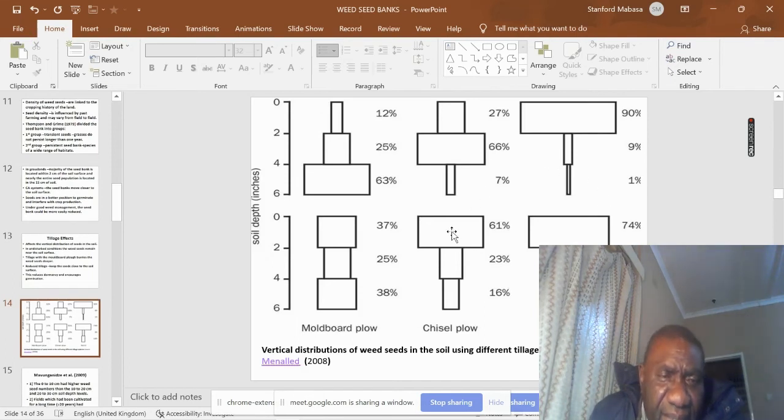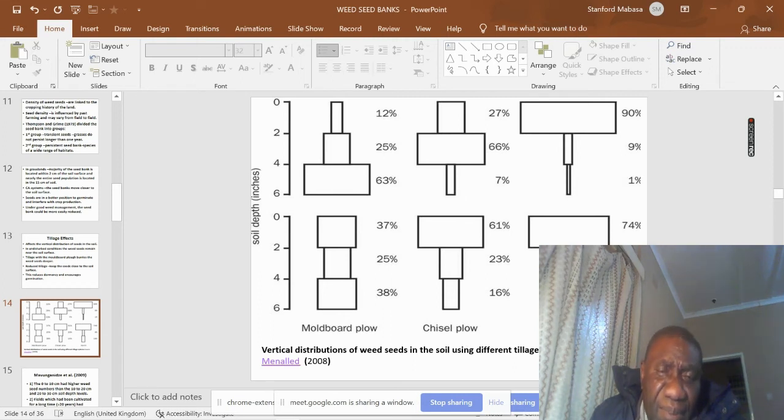Here I've got a diagram showing three different tillage systems. We have got the use of the moldboard plow and what is known as the chisel plow and no-till.